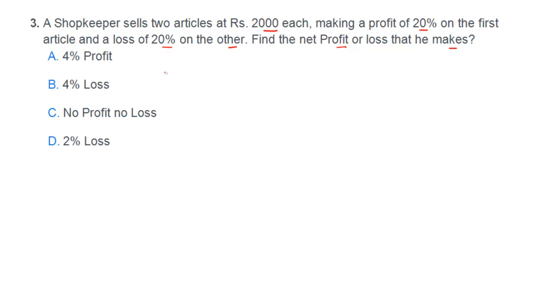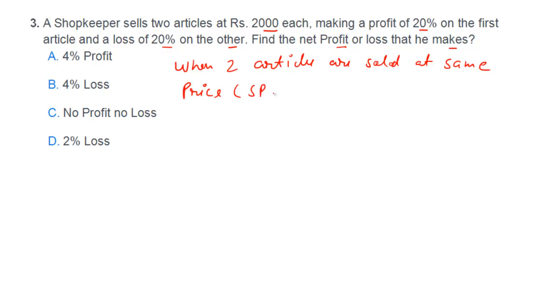So in such questions there is a formula, but remember: when two articles are given in these questions, when two articles are sold at the same price, that means SP is the same.